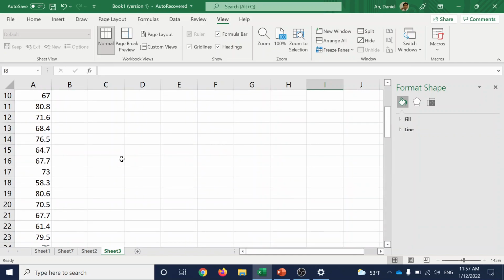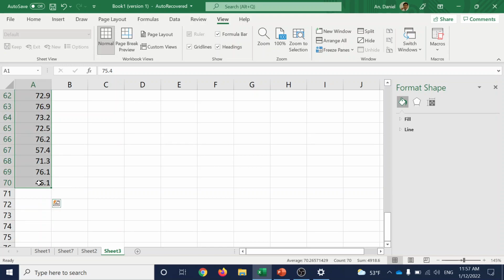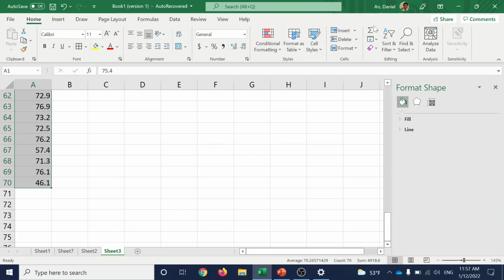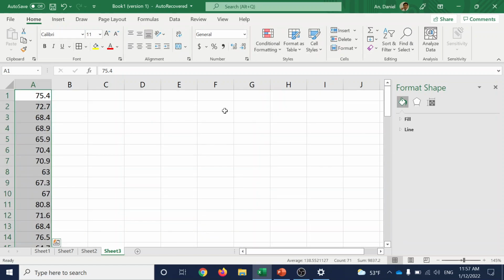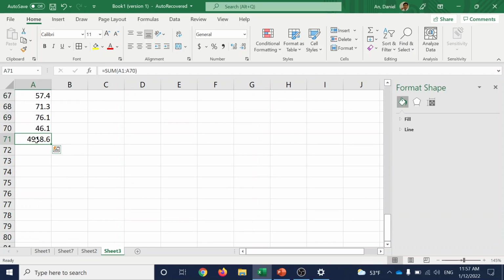Now, to get the average, you simply use the average function, but just to make sure that we're doing it right, 70 is the number of data, right? So n is equal to 70 for this data. What we want to do is add it first. Adding all the numbers here gives you 4,918.6.